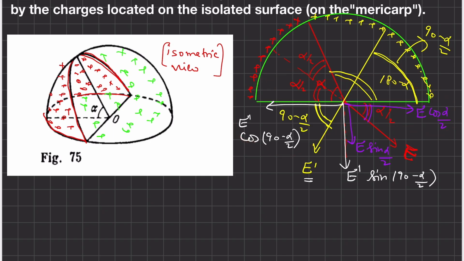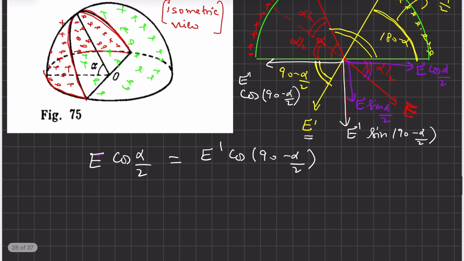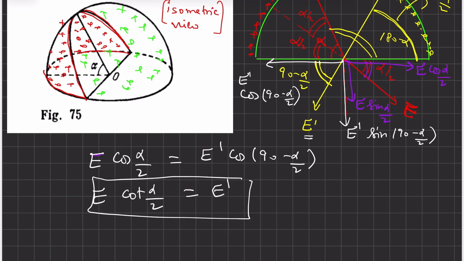So using this idea, E cos alpha by 2 should be equal to E dash cos of 90 minus alpha by 2. So from here we get E dash equals E cot alpha by 2. That is the first equation that we need.